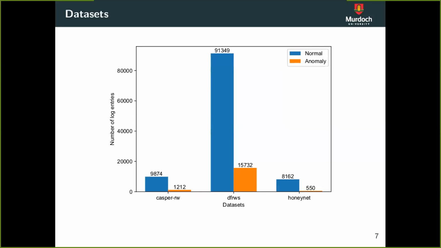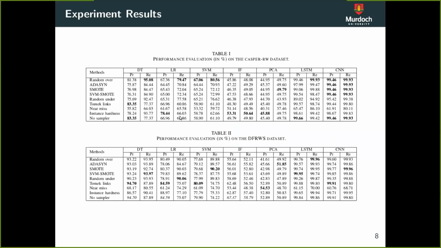So based on the experiment results, we can see in this table that the deep learning methods such as CNN can achieve the best performance, for example in this area, and for another dataset, it also can provide good performance compared to the traditional machine learning methods.